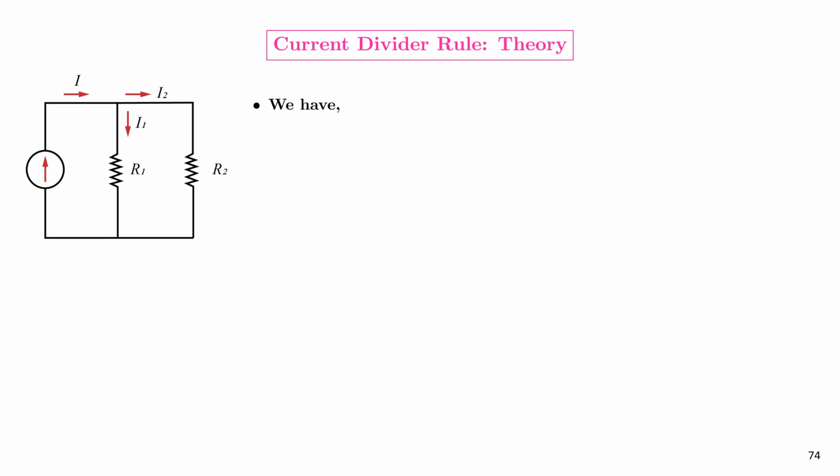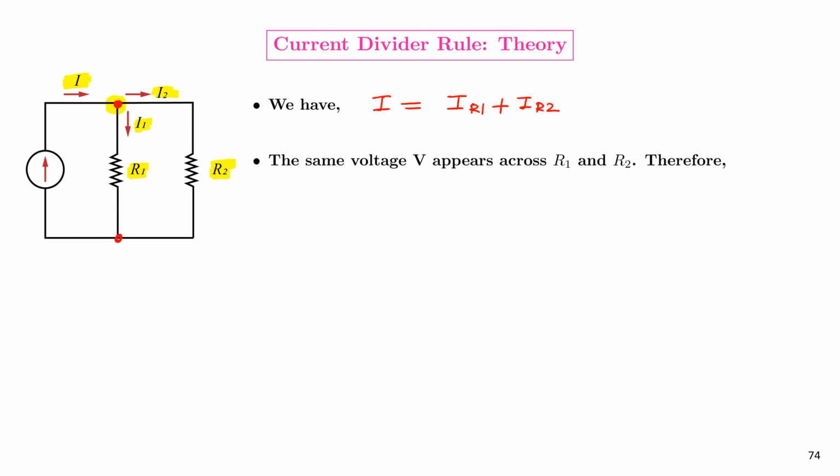We'll conclude this session with a discussion on the theory of the current divider rule. So we have a circuit in which the total current is I, and at this particular node it has been divided into I1 and I2. I1 flows through resistor R1 and I2 flows through resistor R2. We want to find out I1 and I2. At this node, the total current I is equal to IR1 plus IR2. We see that the same voltage appears across R1 and R2 because they are connected to the same points.